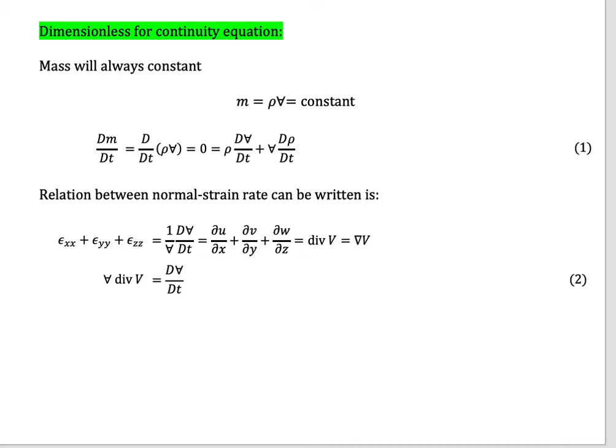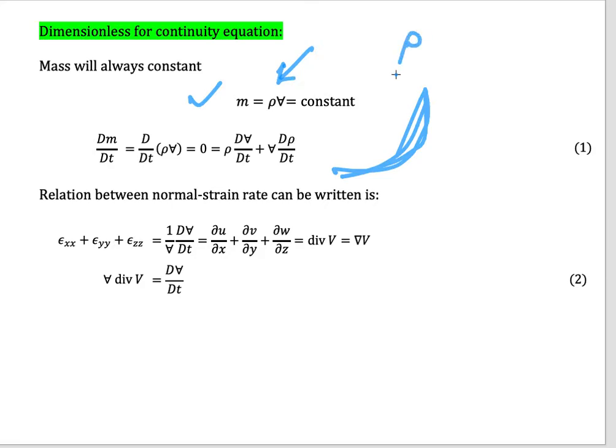The idea of the continuity equation was discussed in chapter 1, and I think it is very simple. We want to prove the conservation of mass, so the mass must be constant, and the equation of mass is shown like this. Mass is equal to rho times volume.